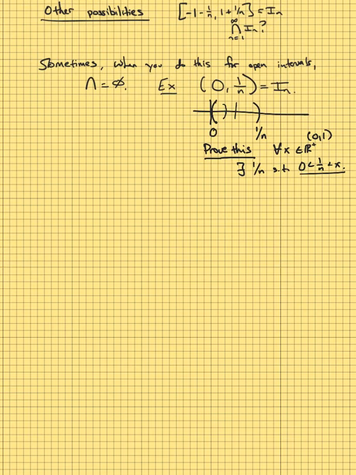Okay? So the remarkable fact, I think, is that if you take these nested intervals to be closed, then you always get something in the intersection.